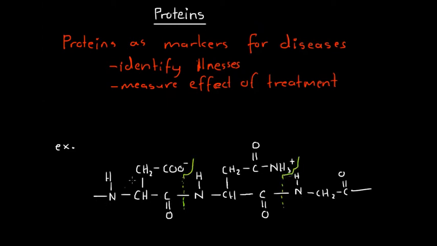Here, we can see that this is the basis, or the leftover, of the molecule glutamic acid. If we were to get rid of this amide linkage and just have an amino group, and get rid of this amide linkage and just have a carboxyl group here, then we would have a molecule of glutamic acid, and glutamic acid has the abbreviation GLU.